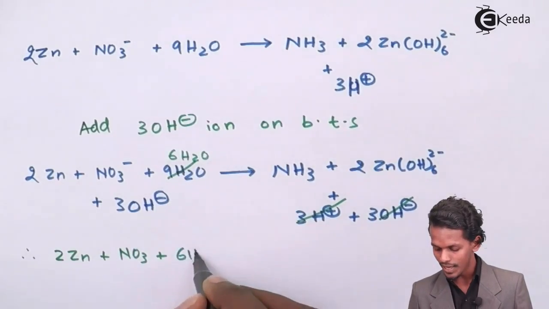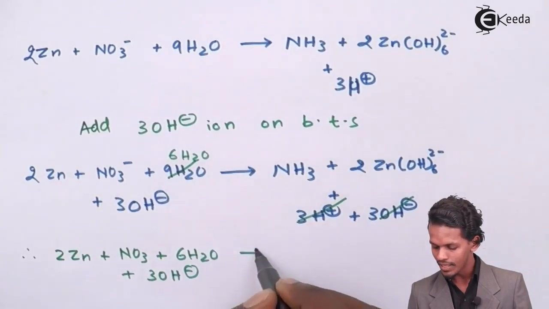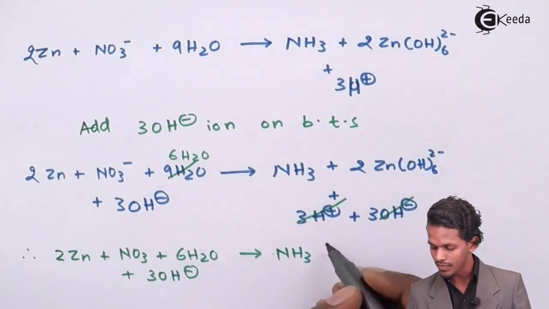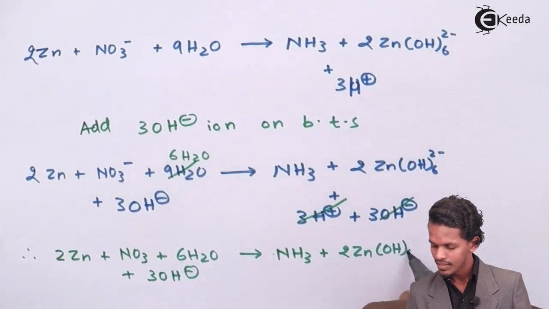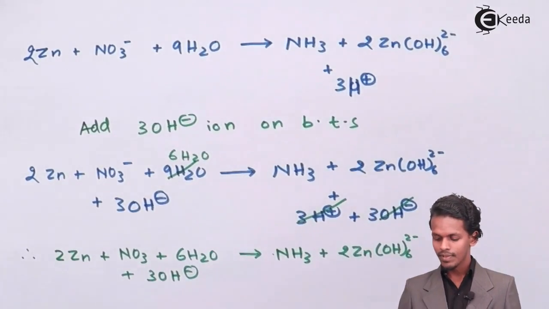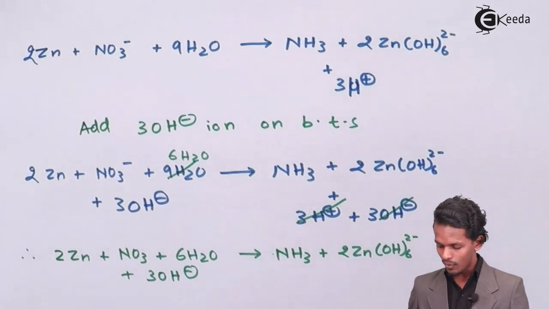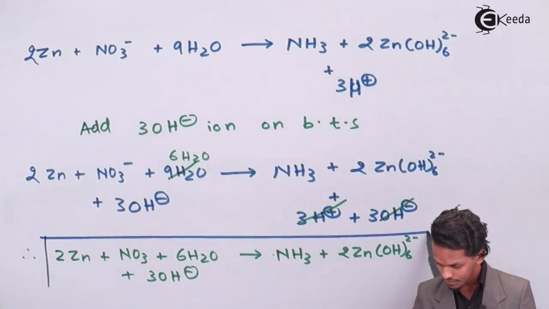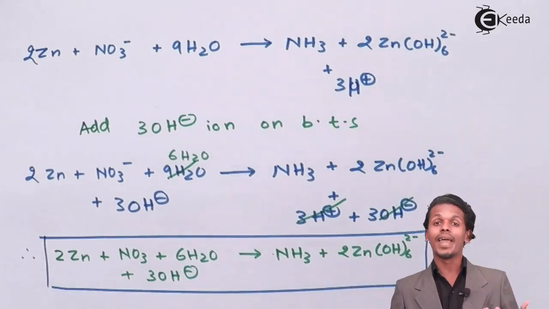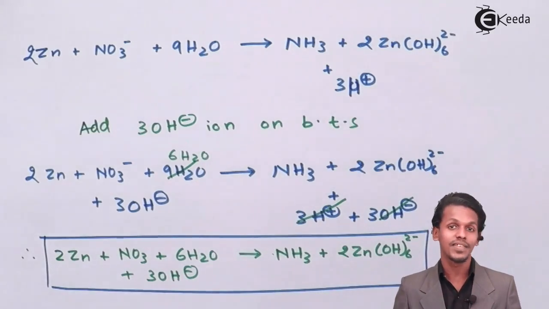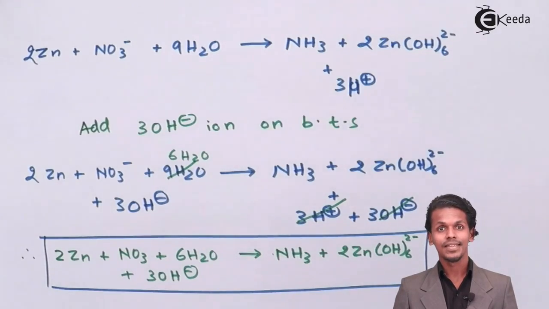Therefore 6 times H2O plus 3 times OH minus will give a product of NH3 plus twice Zn(OH)6 2 minus, and that's it. So eventually we have determined, or we have balanced the above equation in a basic medium. So this is the balanced equation.